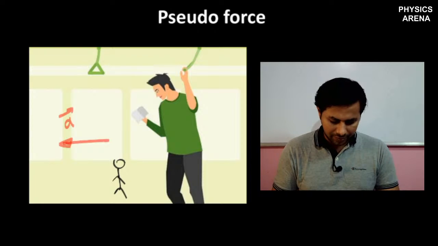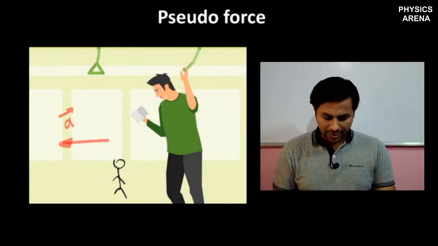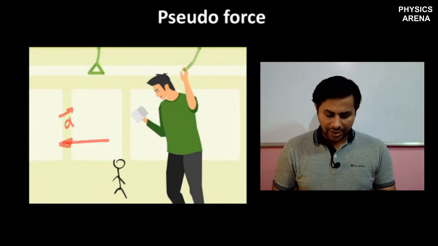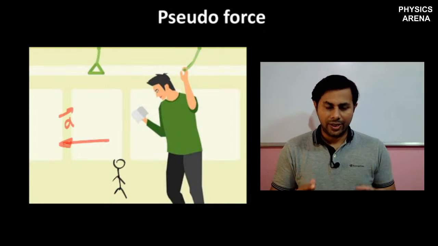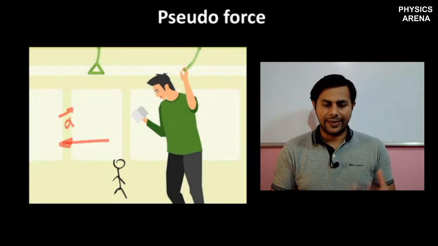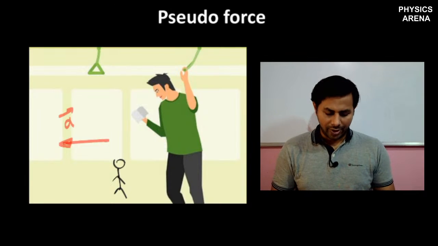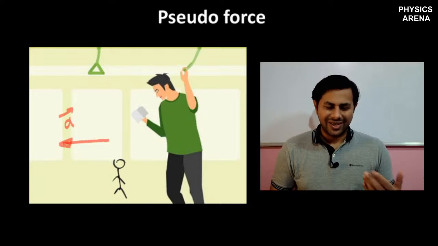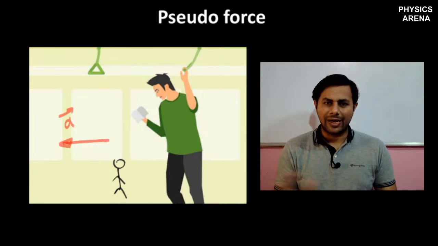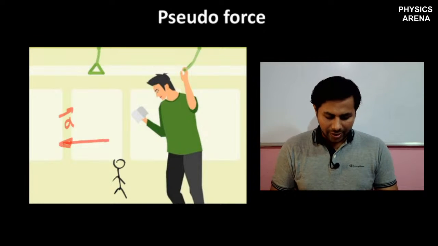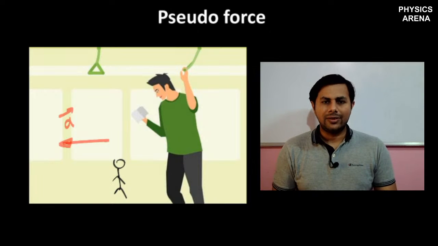This person is looking at this man, and he can't explain it, because for him the man was standing there, and all of a sudden he gets a jerk in the backwards direction.